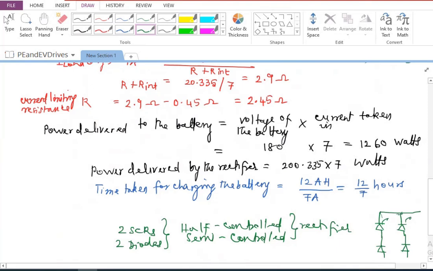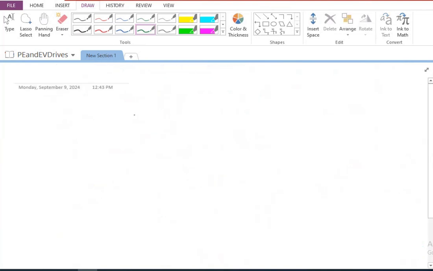So that is definitely going to result in a different kind of waveform. It will not be the same as what we have seen for fully controlled rectifier. But because we are primarily concentrating on all the power converters that are needed for electric vehicle purpose, I am really not going into the details of half controlled or semi-controlled rectifier. If you want to really learn about it, you might have to look at the hardcore power electronics course. So I'm not really getting into those details.